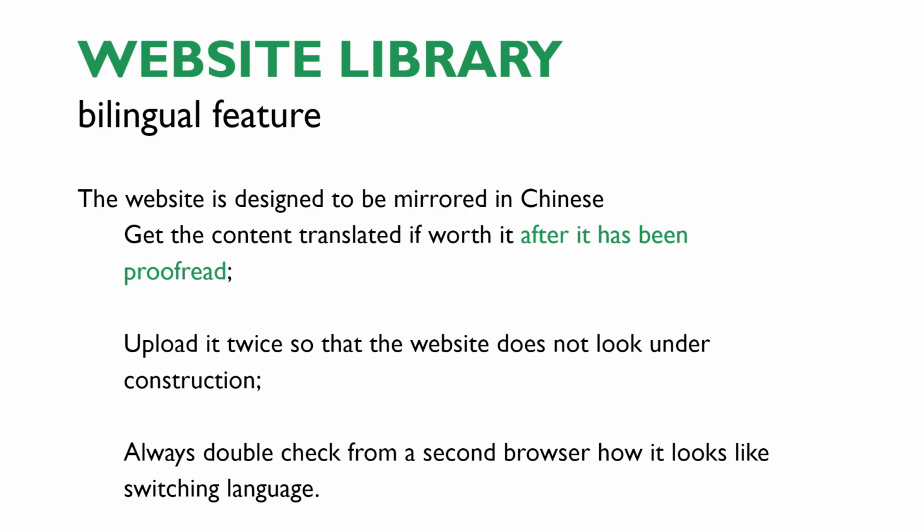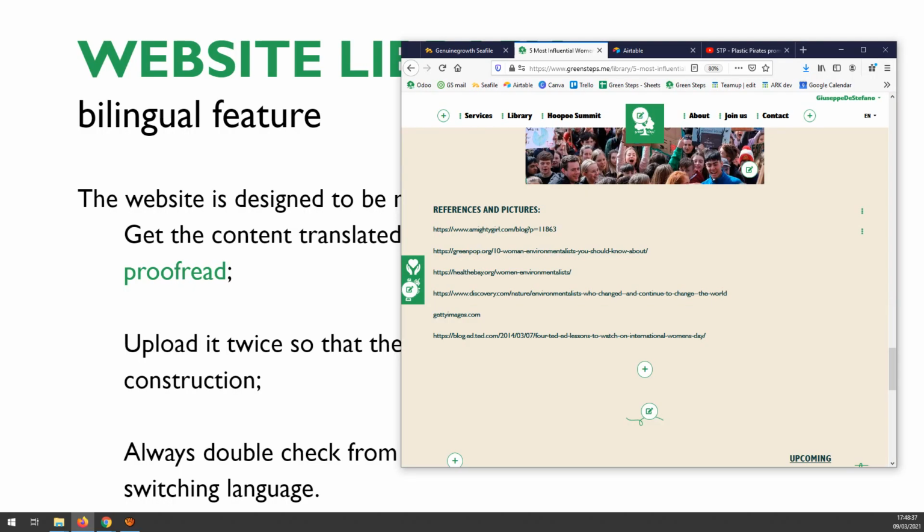And to avoid that it's really bad looking, we have to re-upload the exact same content. This is actually what is going to happen, especially if we work with Europe, because eventually we are going to work directly in English or even in German. So for sure we are not going to have a Chinese version.